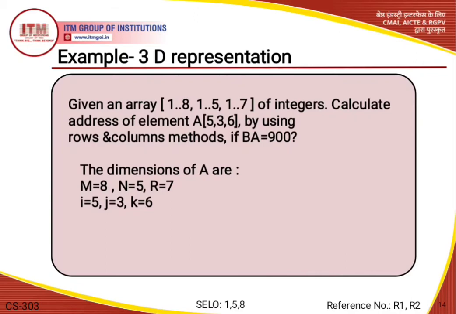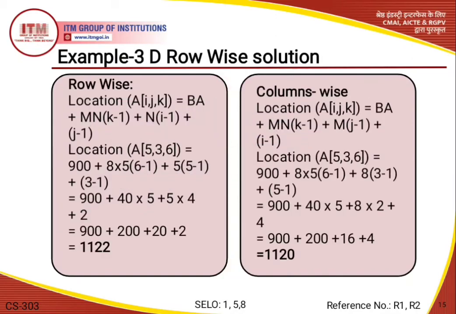Here I, J and K are the element values on which we apply the calculation, and we find out the location of this array's value. The base address is represented as 900 here. Now we calculate the location row wise as location of Aijk is equal to BA plus MN(K minus 1) plus N(I minus 1) plus (J minus 1).